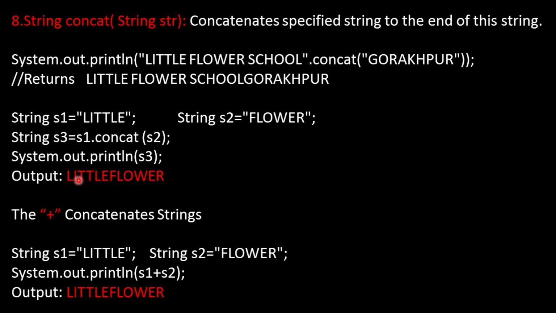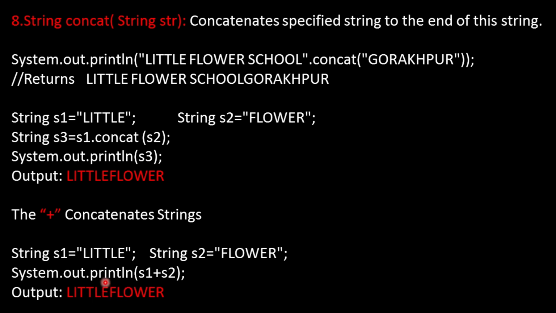The same thing can be achieved by using the plus symbol also. In the plus symbol, two strings will be concatenated. Let us see how it is. String s1 little, string s2 flower. So system.out.println s1 plus s2, that means these two strings will be added and the answer will be printed.